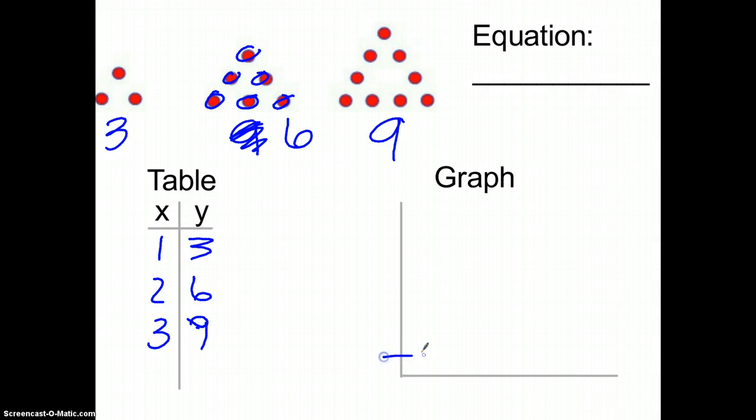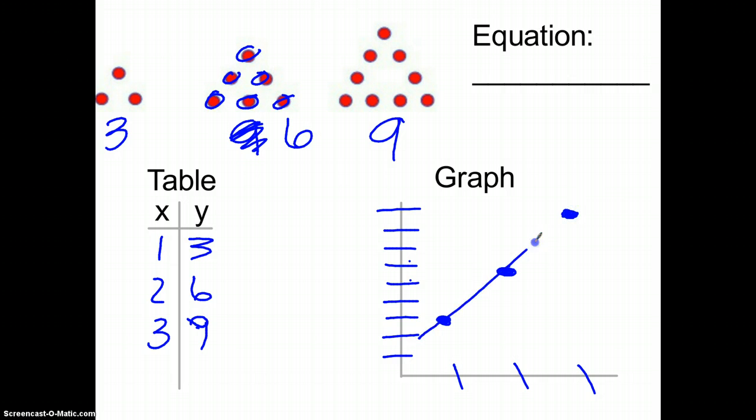So make my graph 1, 2, 3, 4, 5, 6, 7, 8, 9. And 1, 2, 3. Over 1 up 3. Over 2 up 6. And then over 3 up 9.